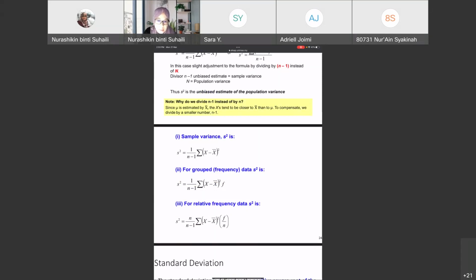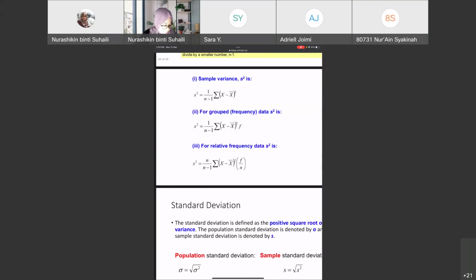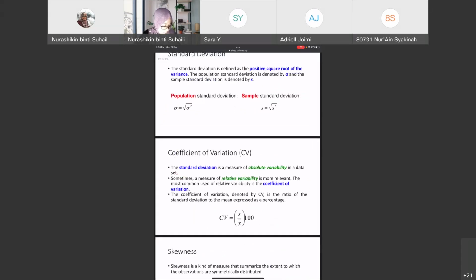One is for the sample variance, and then for group frequency data, for relative frequency data. So you have to identify the symbol in order to use the formula. I mentioned that standard deviation is the square root of the variance. So you take the square root, then you get the standard deviation.